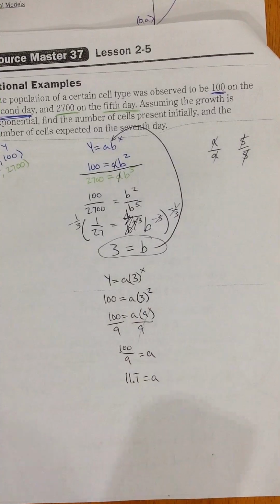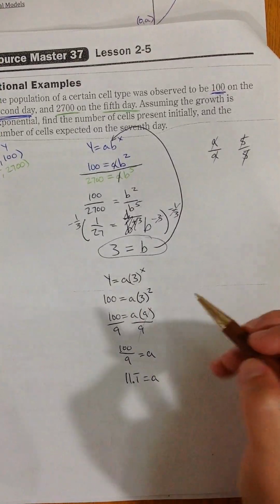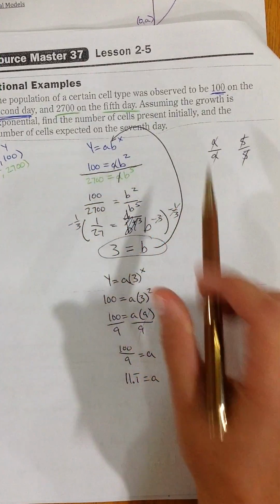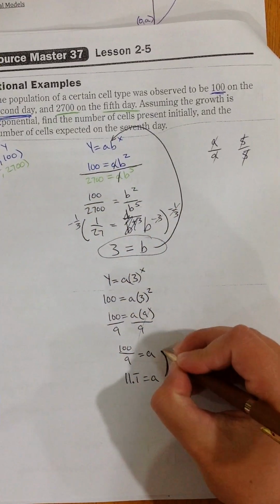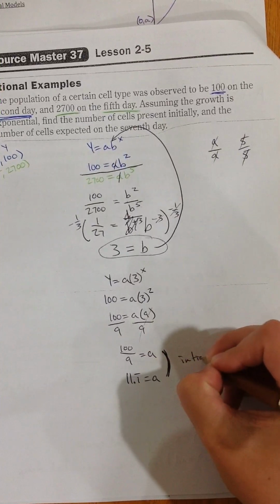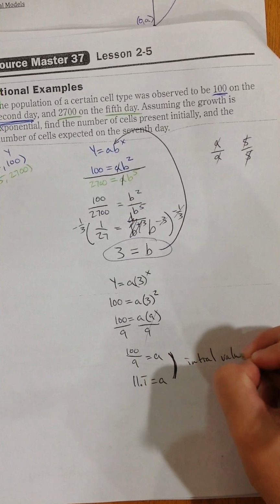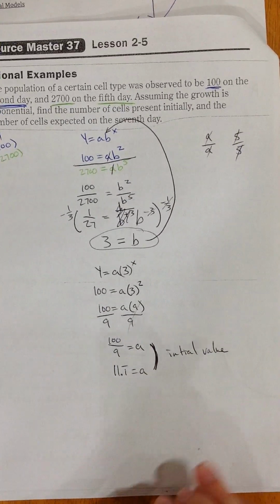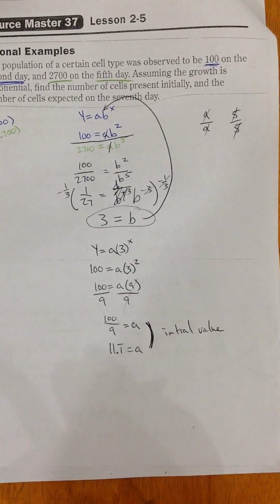You could also go with that. Either of those would be fine. So that actually answers our question for find the number of cells present initially. A is always our initial value, so that would be the initial value, or it could be like the amount on day 1 or something like that. Either of those would be fine ways to describe that.